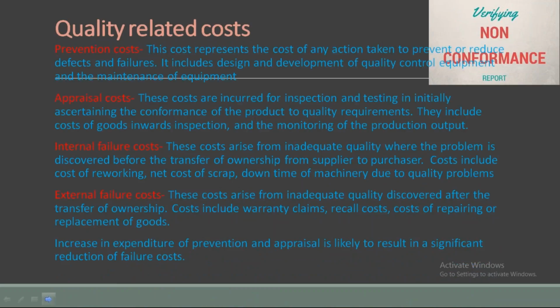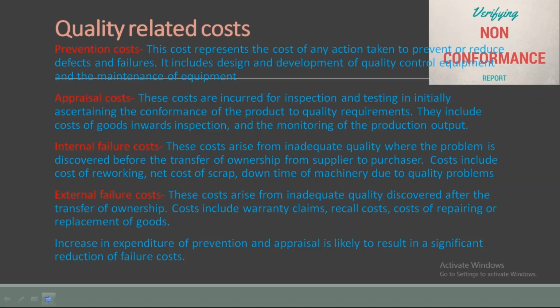So basically there are 4 types. One of the examiner's common questions is to put up a certain kind of cost and ask whether it is prevention or appraisal, internal failure or external failure. The difficult ones are to distinguish between prevention and appraisal. For prevention, we have to look at something at the very beginning, like the product design.